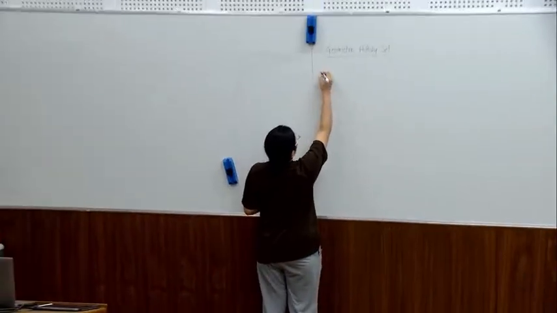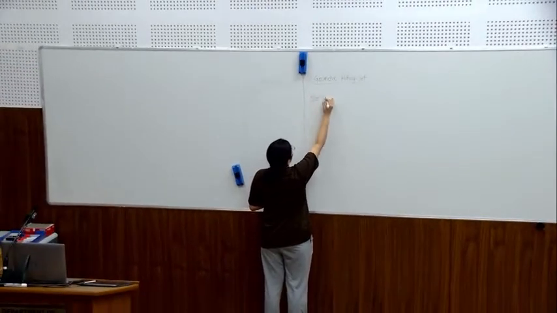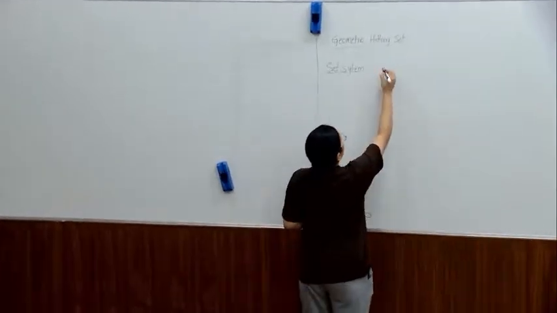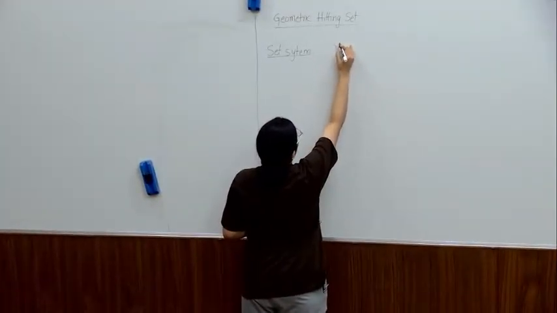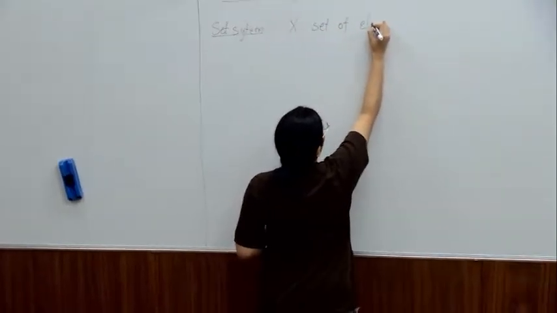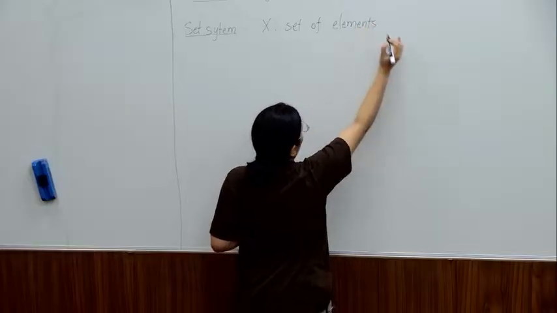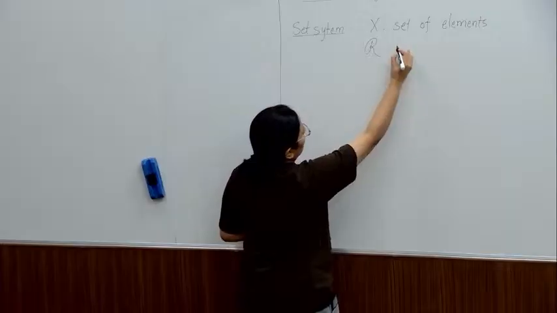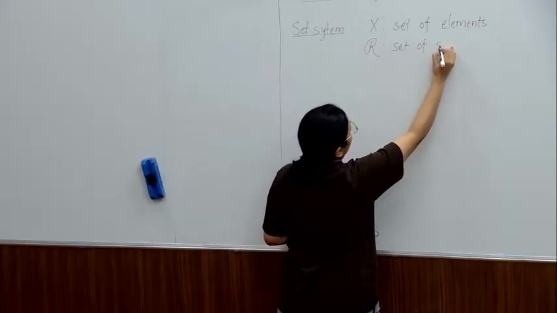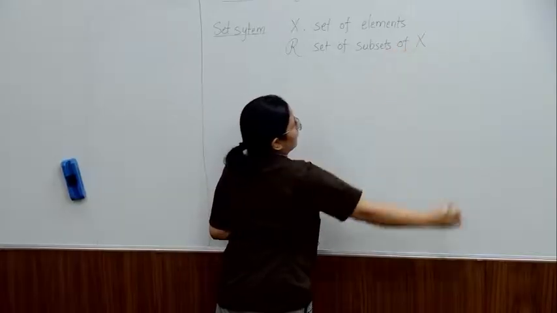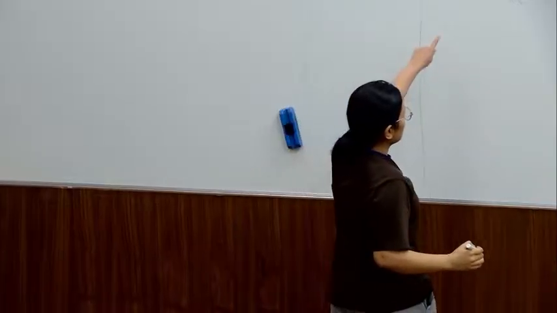One is a set system, which you might have already seen in the earlier lectures. We have a set of points or elements, also called the ground set X, and then we have another set R of subsets of X. Together this forms a set system.